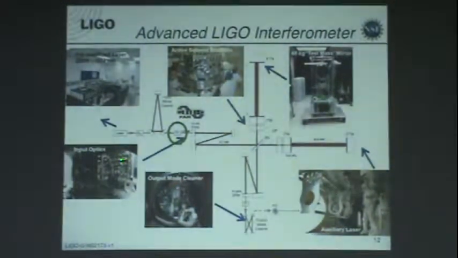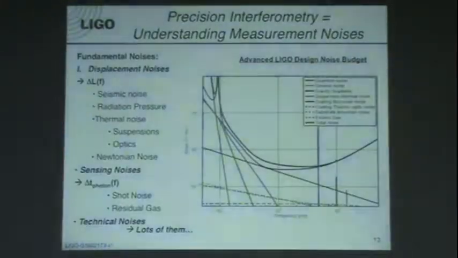There are conditioning systems, input optics, which is all of this stuff, output optics, this is a cavity filter here. And then we also have auxiliary lasers that we use to lock the cavities independently. All right, and again, this is quite a simple picture, but it gives you a flavor of the technologies and engineering that goes into this.